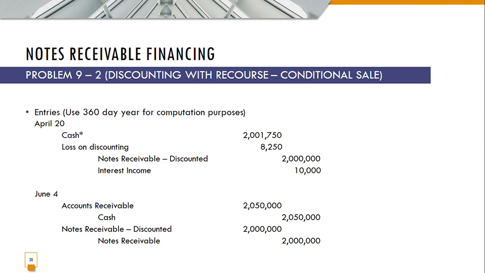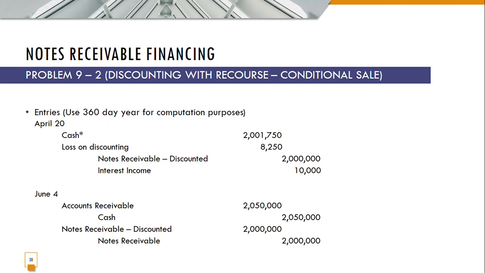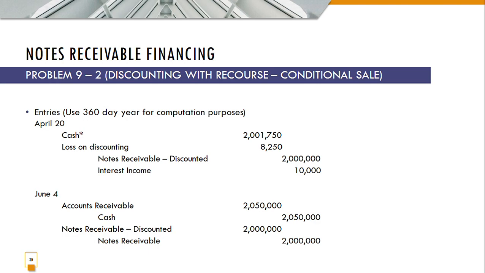You recognize 10,000 interest. 10,000 is computed from the 2 million note, the face of the note, and 15 days from April 5 to April 20, 15 days of interest income. So that's 15 over 360 times 12% times 2 million. So that's 10,000. So total loss on discounting is 8,250.